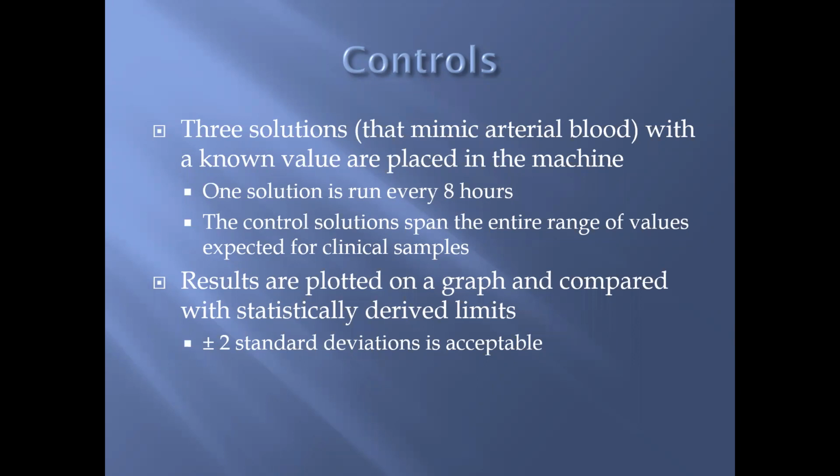So here it tells you one solution is run every 8 hours. And the solutions have to span the entire range of values. So one for pH, one for CO2, one for O2. And then like high possibilities, low possibilities. And then the results are plotted on a graph.